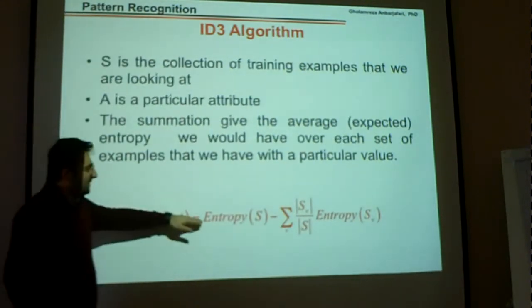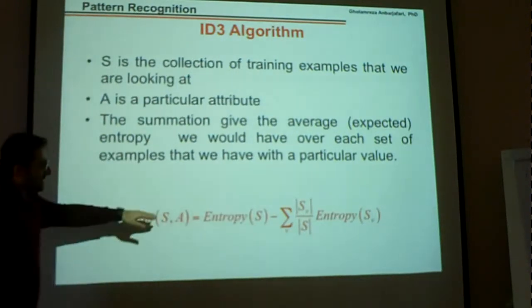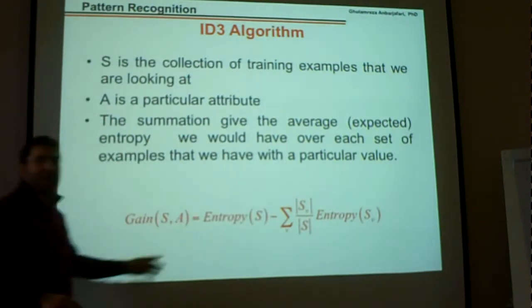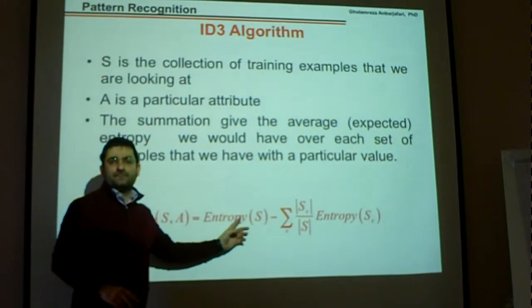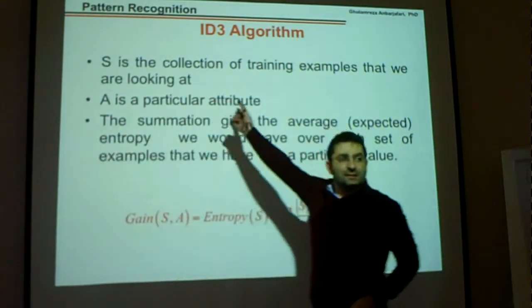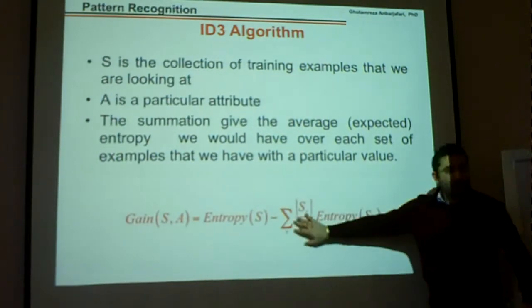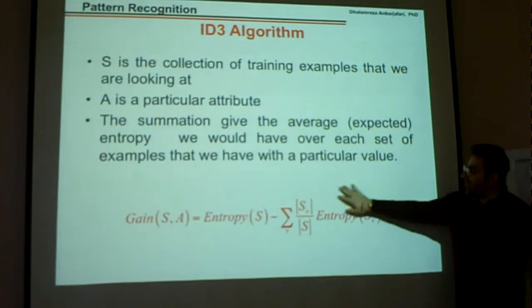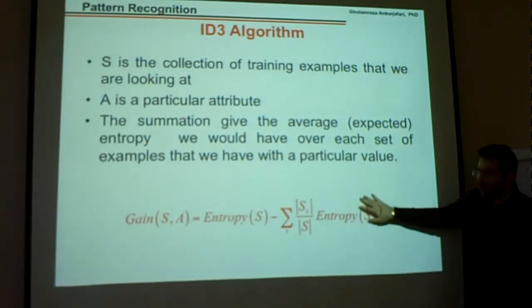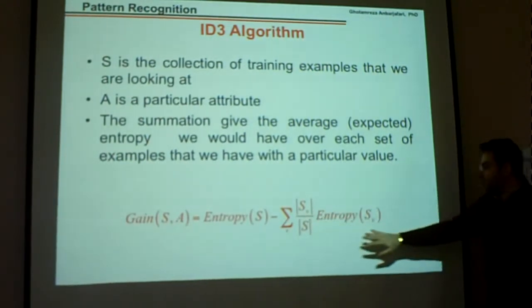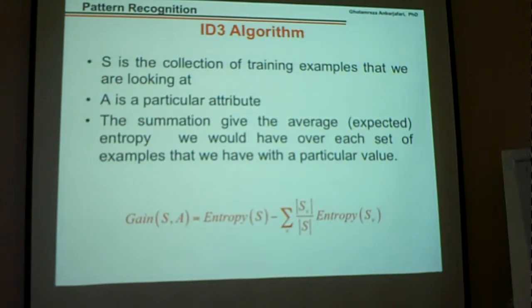The first part tells me the entropy of S. What is S? My training set. And what is this one? This one is called the expected value, or the average entropy value, of my training set.